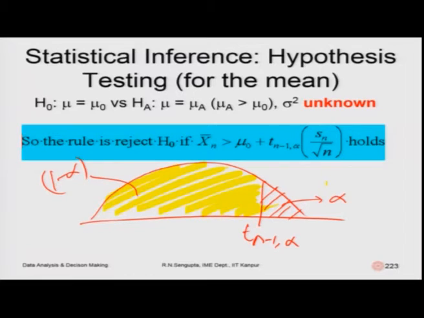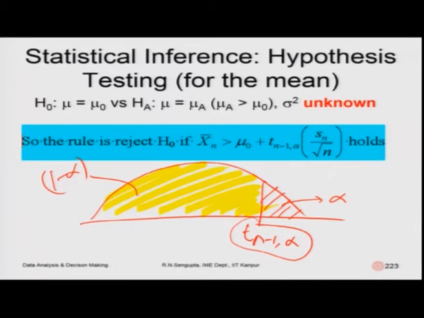The degrees of freedom is n minus 1, the level of significance is 1 minus alpha on the left hand side, and here t n minus 1 would be the statistic based on which you will do the test.